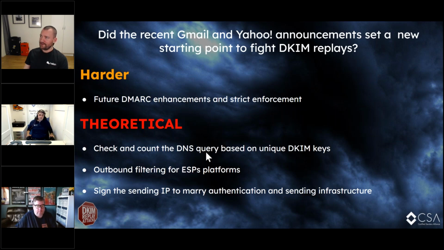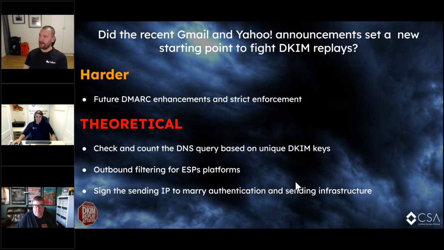Yeah. And now we are really into the not practical, theoretical stuff. Say you are an ESP, you sign stuff with your own domain. Your domain has a good reputation, and you are a target for this.